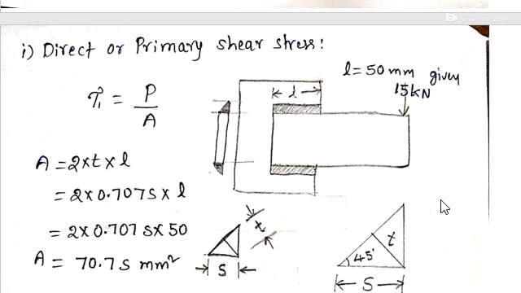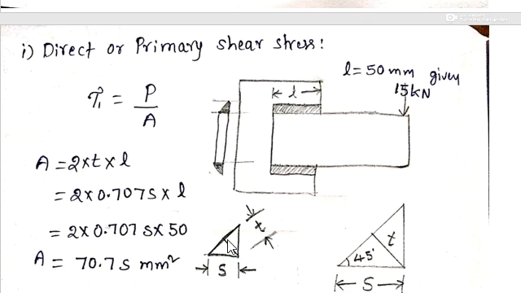So in the first step, we have to find out the direct or primary shear stress. We know the basic formula, that is shear stress is load by area. So see here what is the area which is getting affected because of this load applied. This is the weld section, and if you see in the side view, the cross section of the weld is a triangle, and this is called the size of the weld or leg of the weld.